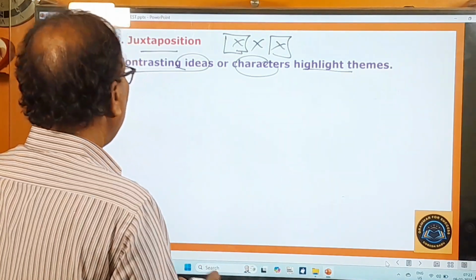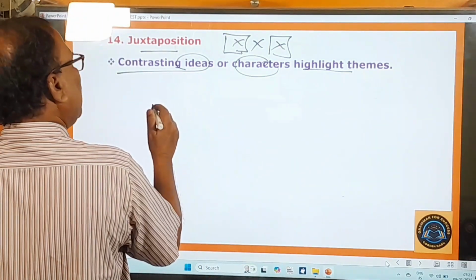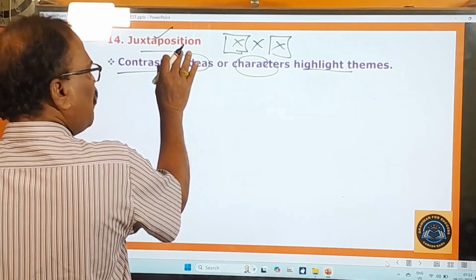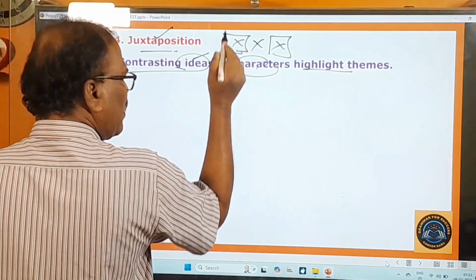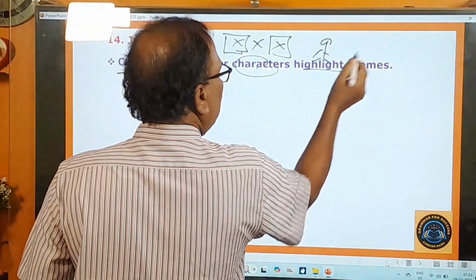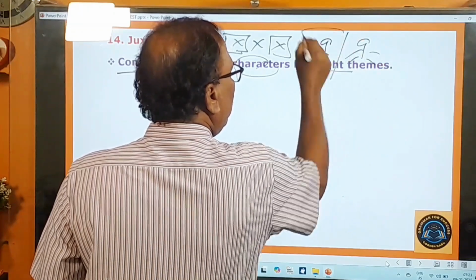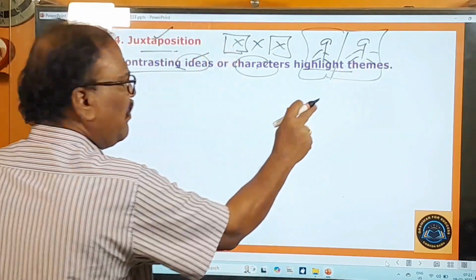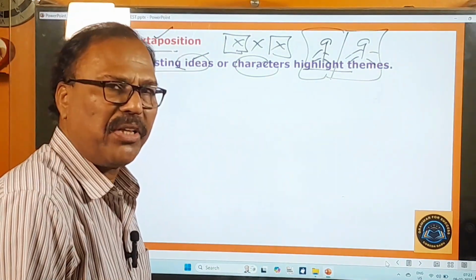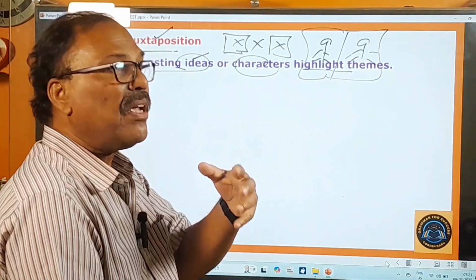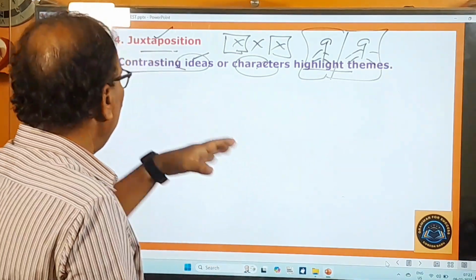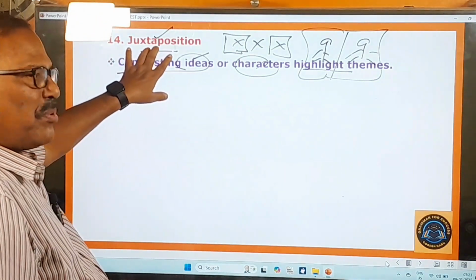That's why many writers make use of this juxtaposition of ideas and characters. This character is like this, this character is like this. Whenever it is explained in that way, automatically it will appeal to the readers. So that's why many writers make use of this literary device, juxtaposition, right?